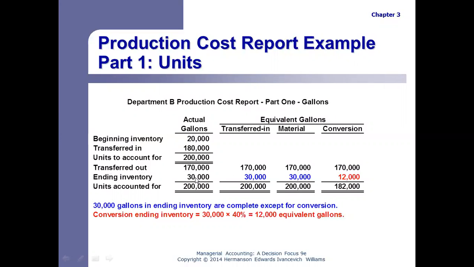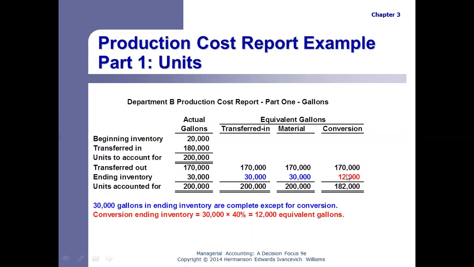For the units still in ending inventory, the 30,000, and again, think of this as physical units. These are the actual gallons that are sitting there. For materials, as we said earlier, that's 100% because all the materials are already added once it gets started. So the physical units are going to equal the equivalent units of materials, if materials are added at the beginning of the period.